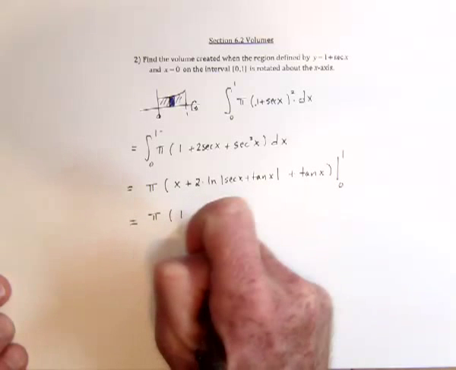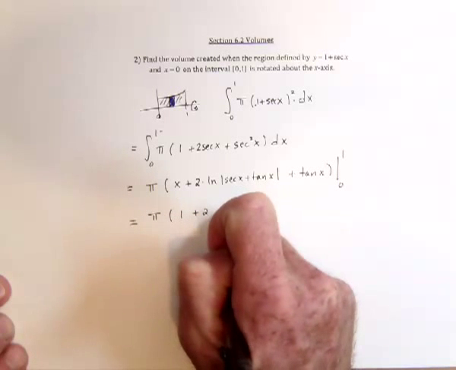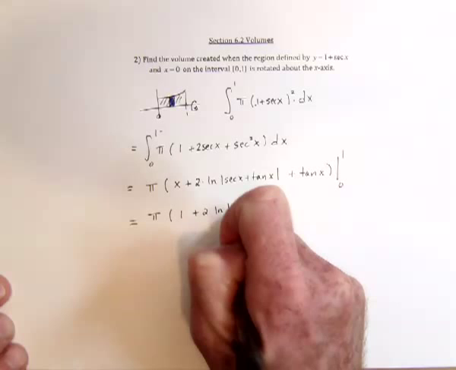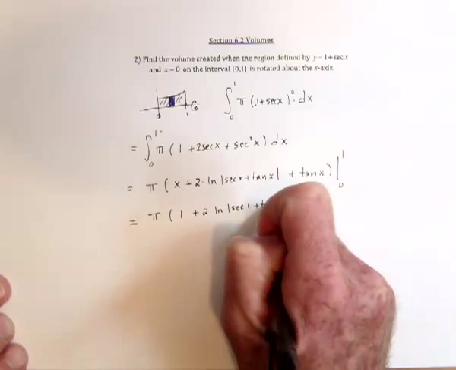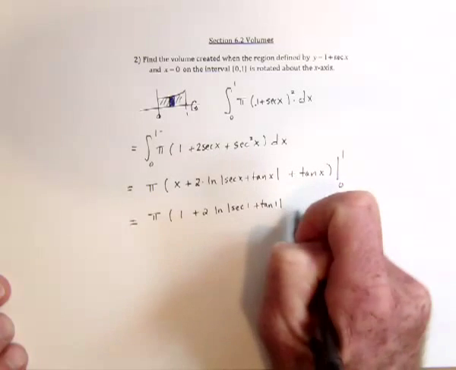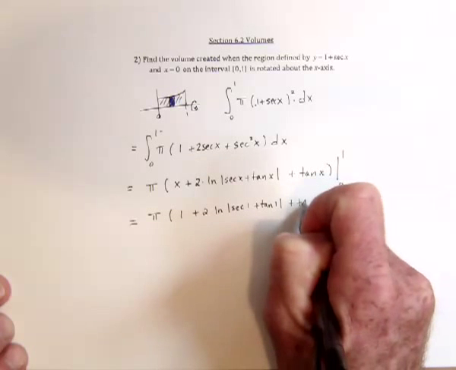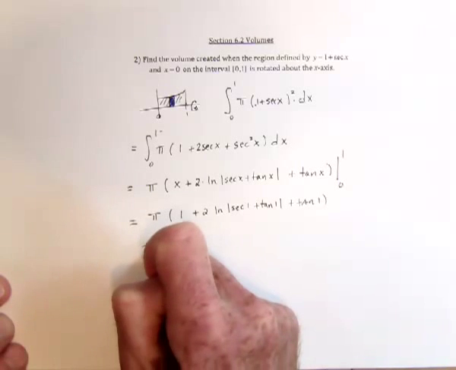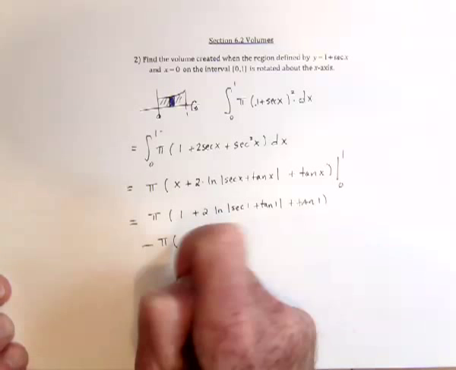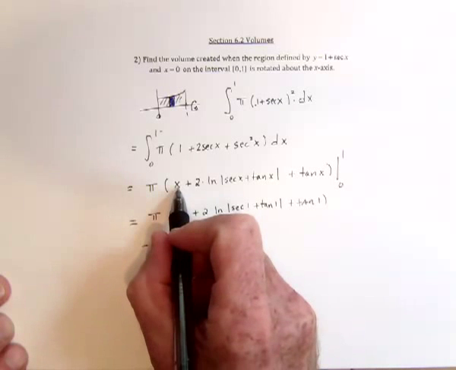So 1 first of all. So the natural log of secant of 1 plus tangent of 1, and then a tangent of 1. And then minus, substitute a 0, so that's going to be 0.